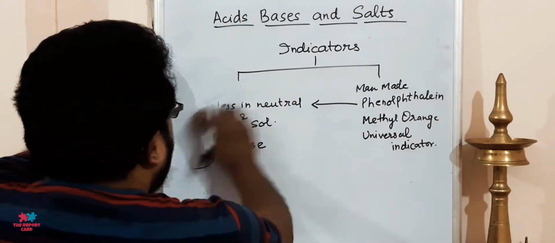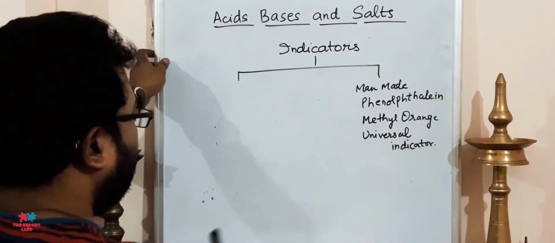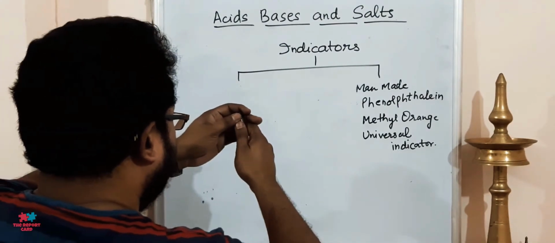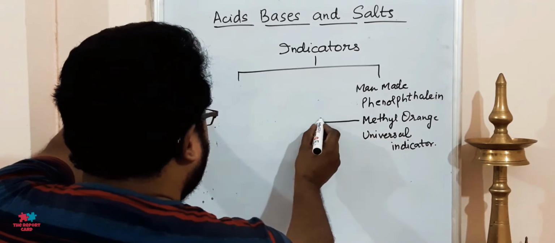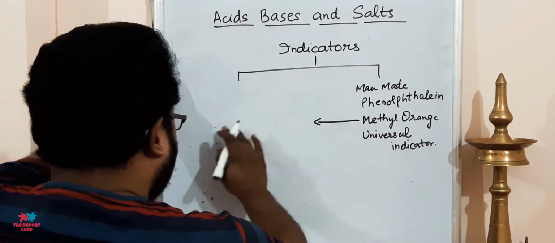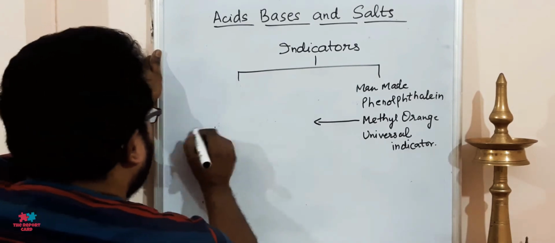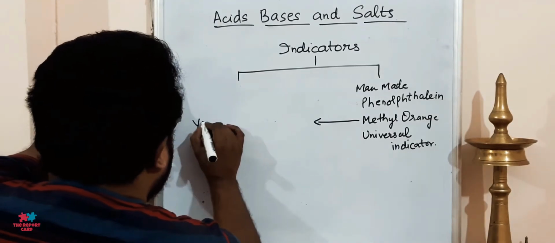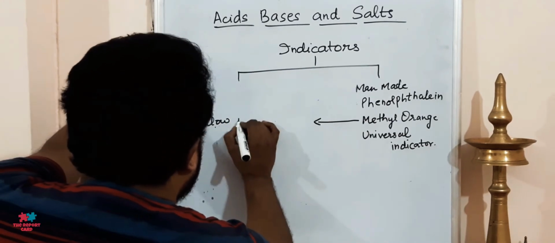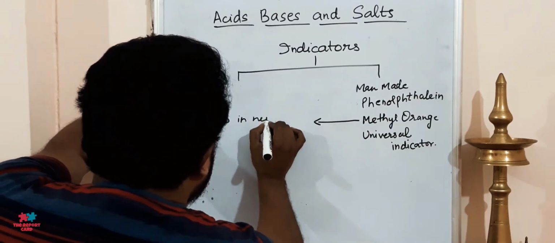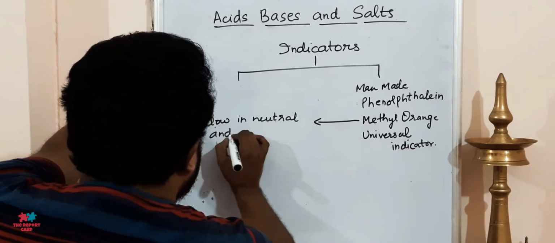Okay. Now let's talk about this methyl orange. It has an orangish red color. Basically it is yellowish orange, yellow in neutral and base.